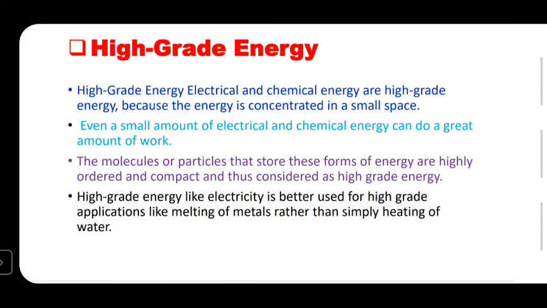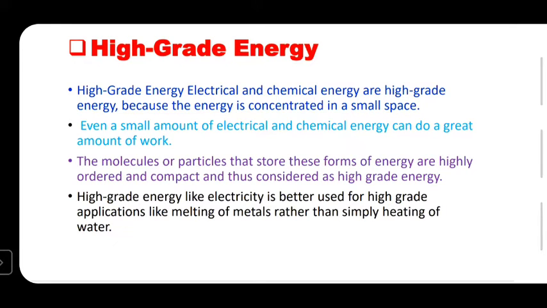That energy is mostly utilized to convert into a useful amount of work. For example, considering high grade energy, one example is mechanical shaft work.